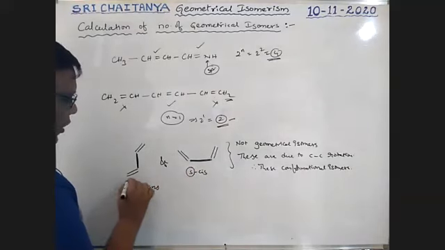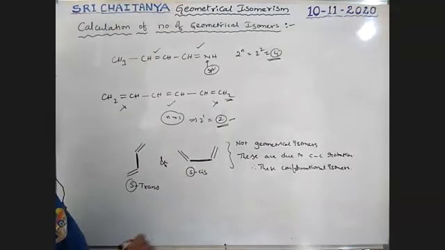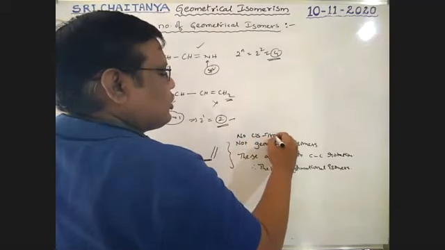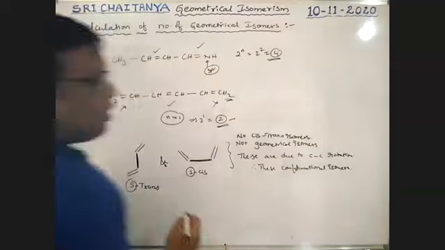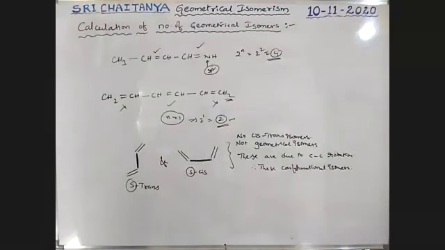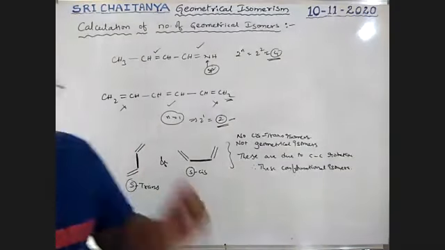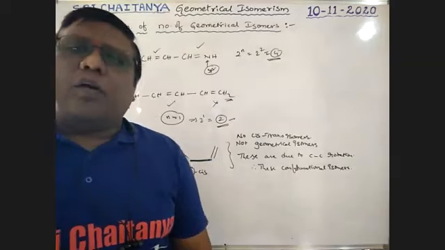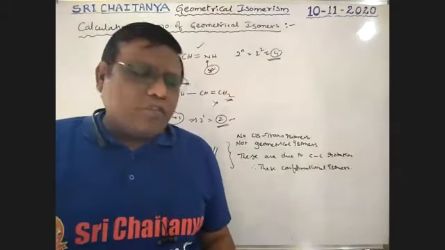S means single bond: single bond trans, single bond cis. It is not cis-trans isomers, not geometrical isomers. These are conformational isomers because of free rotation around C single bond C. Okay, so this is about how to find out the number of geometrical isomers.